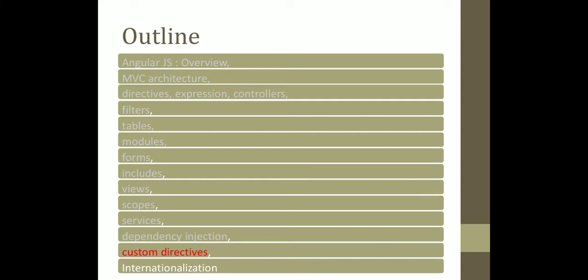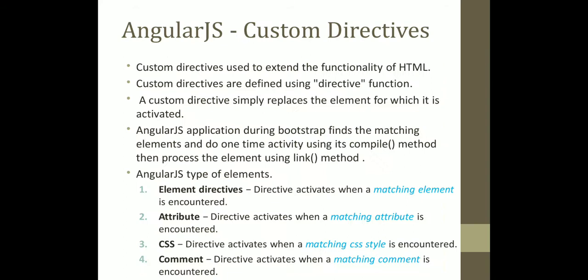Next part is custom directive. In previous video sessions we have seen many directives that we use with the div tag. So in this session we are going to see custom directives. Custom directives are nothing but directives that can be made by the user for any functionality.